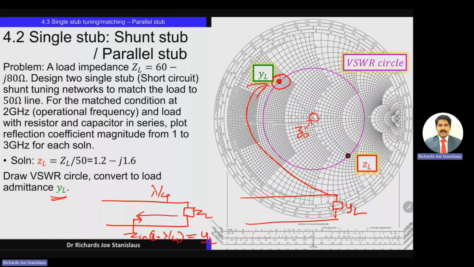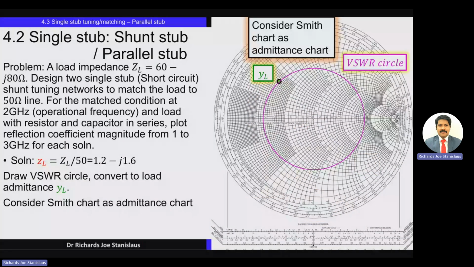Please note, we have transformed the load impedance point to the load admittance point. Henceforth, we are going to deal with only admittance. So consider the Smith chart as admittance values, utilizing the existing Smith chart. All the points in the complete Smith chart are going to represent admittance values.